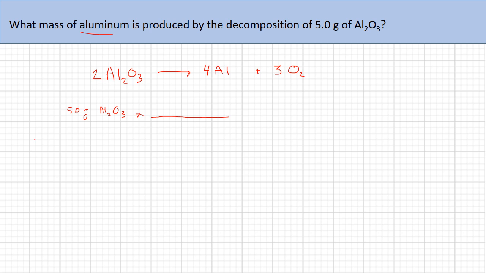I saw it was 26.9. That's the mass of aluminum, and I multiplied that by 2. Then I got 15.99, which was my mass for oxygen, and I multiplied that by 3. When you add that all together, you should end up with 101.93, which is going to be grams of Al2O3.